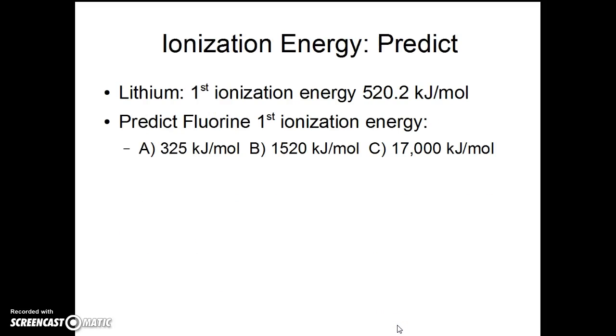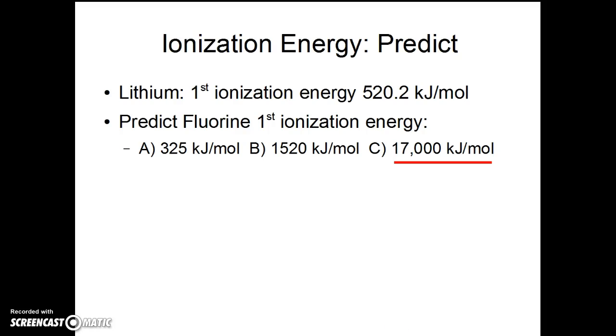Let's look at this and have a little quiz. The first ionization energy of lithium is 520.2 kilojoules per mole. As you know, this is in the second period of the periodic table that has 8 atoms. So, why don't you predict what you think the first ionization energy of fluorine will be: 325, 1520, or 17,000.